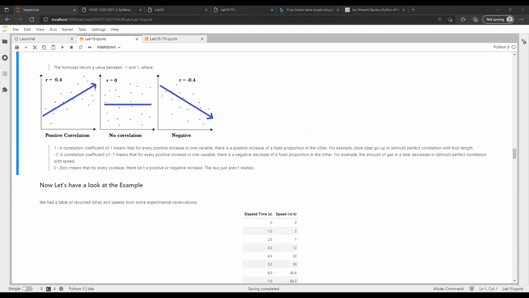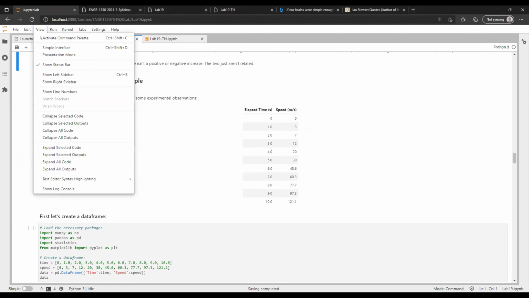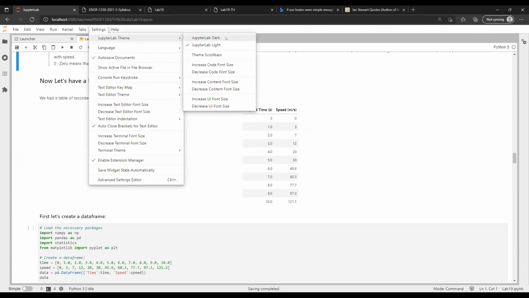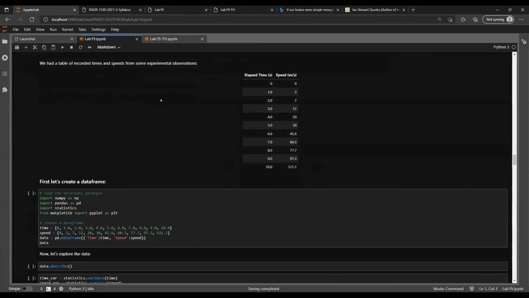Okay, so that is kind of the idea of what some correlation can look like. Let's look at an example. This is what we were looking at before. All right, now I need to turn this back because I am a programmer and we're all like Smeagol in his cave.